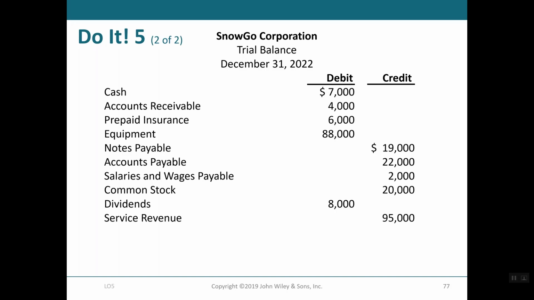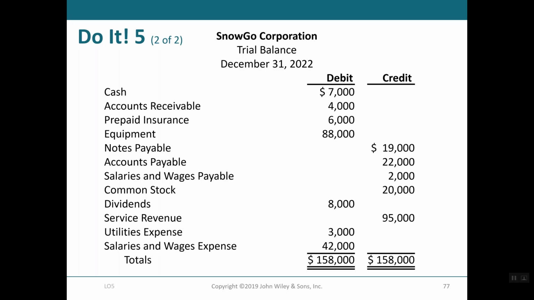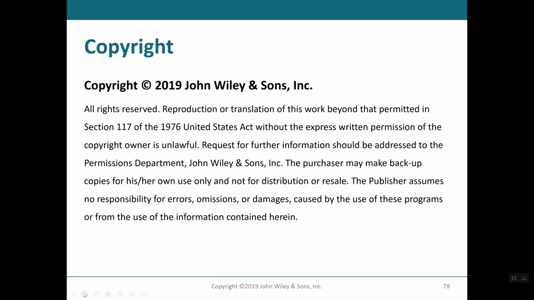Common stock. Then we're going to have dividend, then revenue. Dividend has a debit balance. Service revenue has a credit balance. Expenses have what balance? Debit balance. At the end of the day, we see it balances up to 1,158,000. Our debit side equals our credit side.